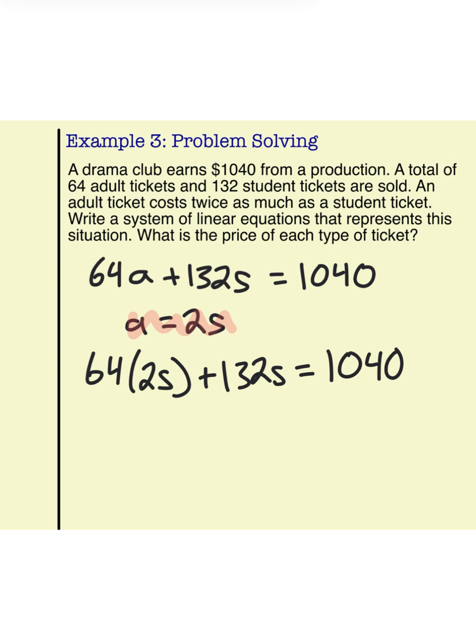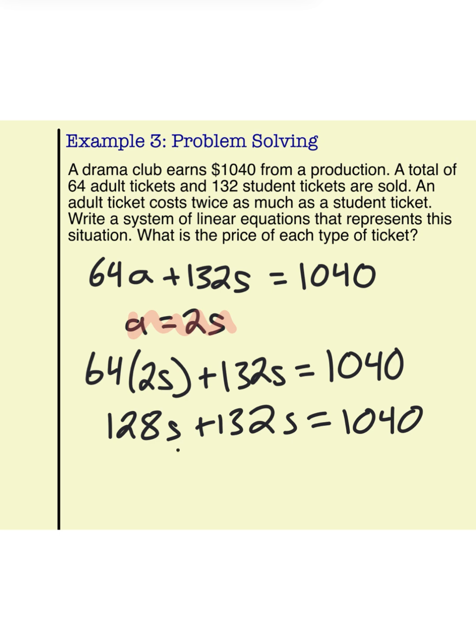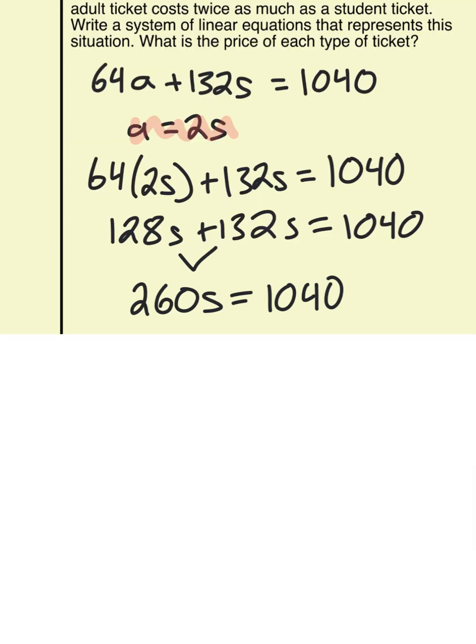Then we simplify, so 64 times 2 is going to be 128S plus 132S equals 1,040. Combine like terms. And then divide by 260 to get S equals 4.